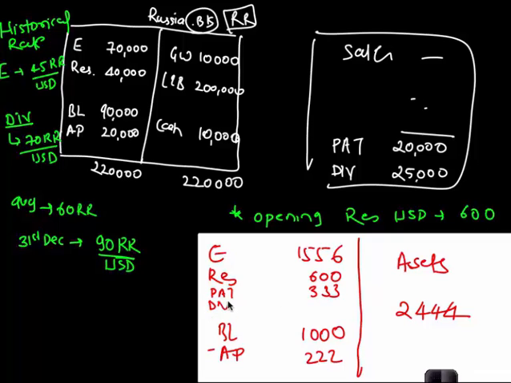And dividend 25 divided by 70, how much? 357. And then to make the equation tally, the plug figure of CTA, to have the total of minus 910, to make the balance sheet tally. Easy?